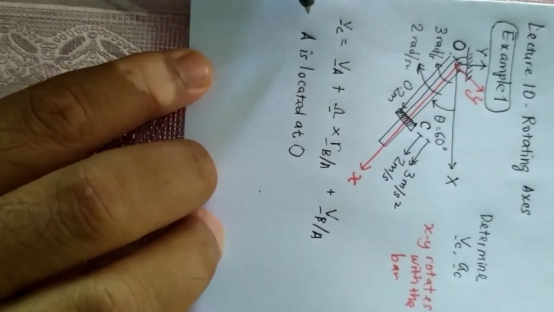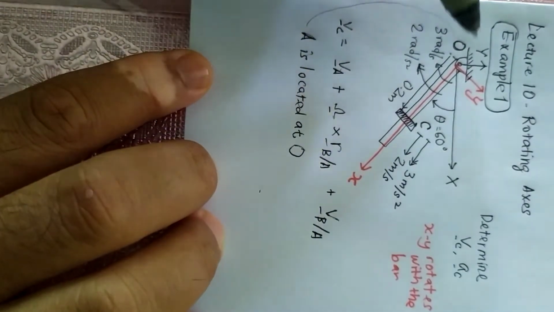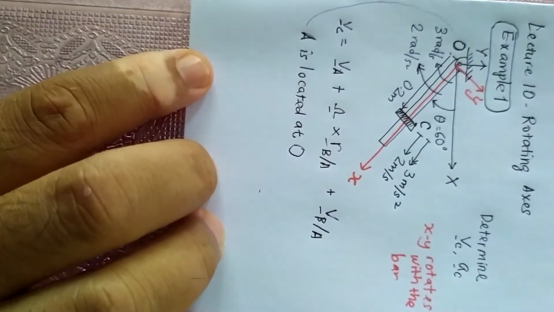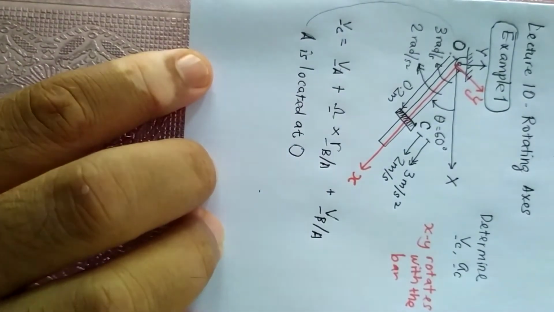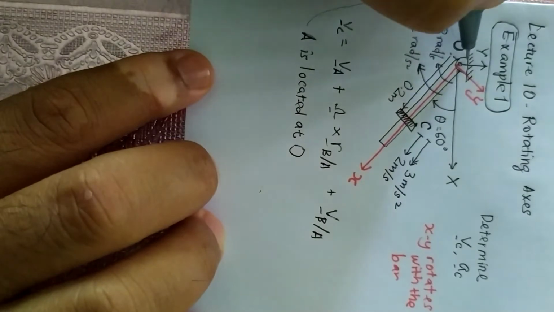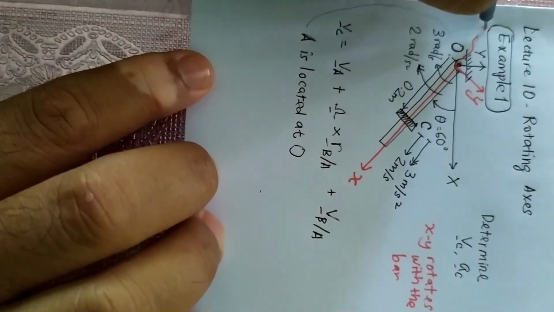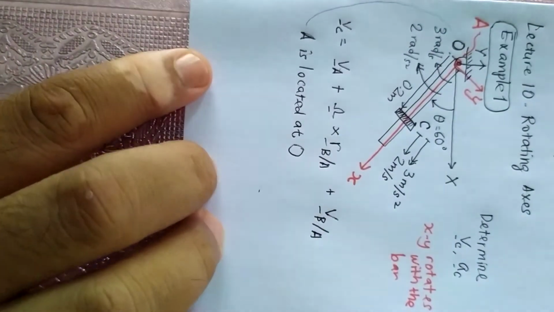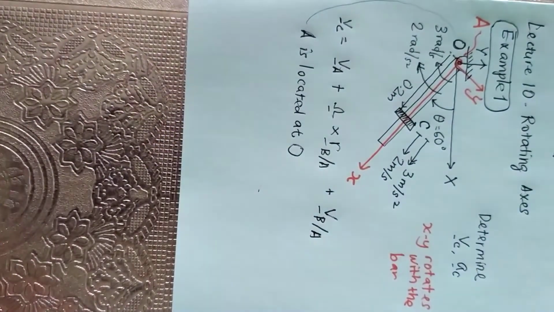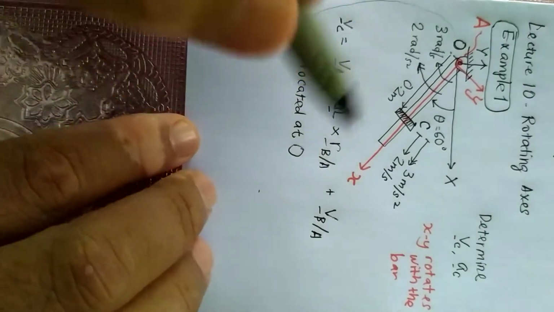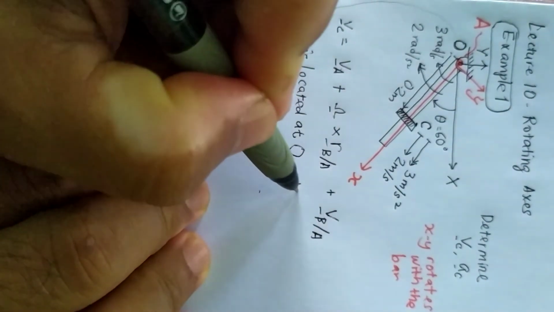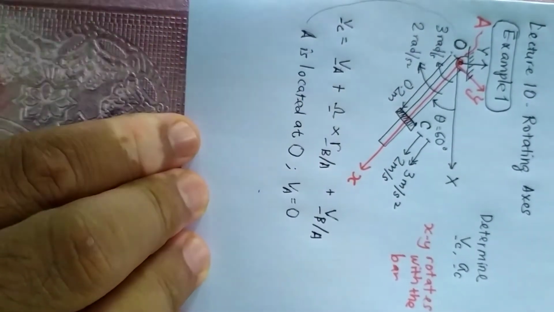A is also here. So I will just draw A in red. So A is also there. So that helps us to visualize where A is. So A is not moving. Therefore, the velocity of A equals 0.